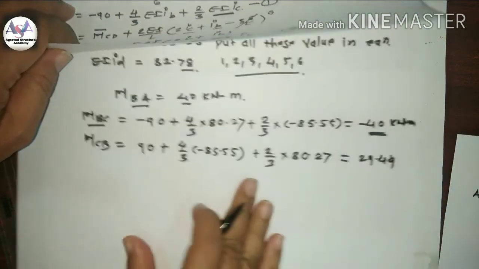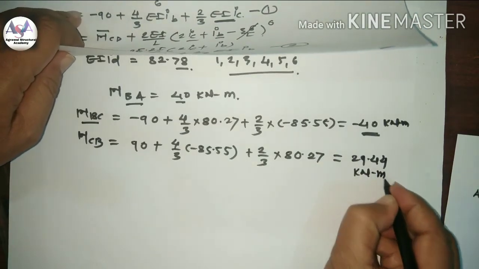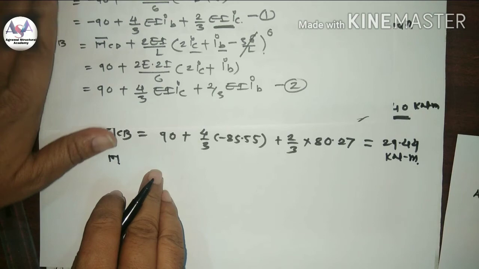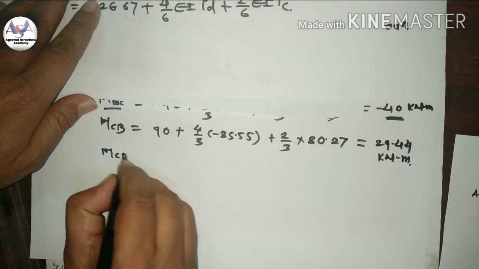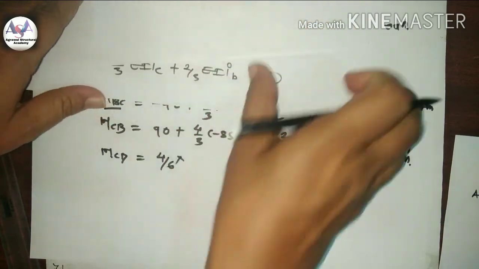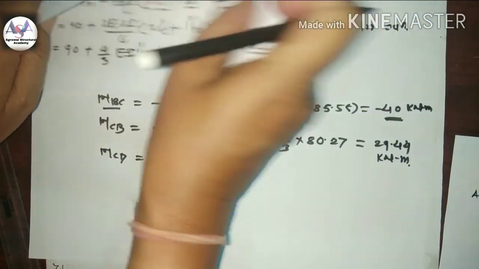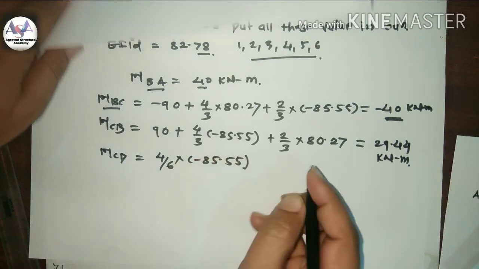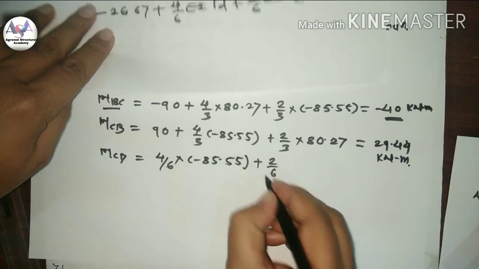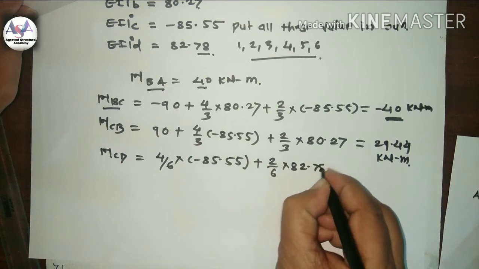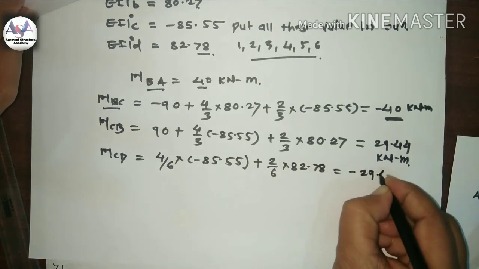So these are the moments, in kilonewton meters. Now this span is completed. Then go to the span CD. M_CD is equal to 4 by 6 into EI theta C, which is minus 85.55, plus 2 by 6 EI theta D, plus 82.78. So this value is minus 29.44.